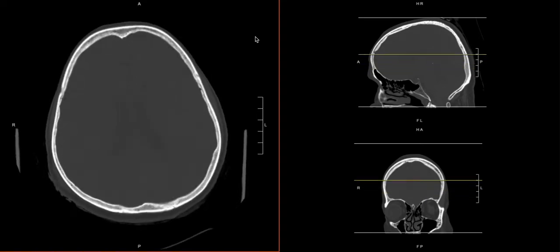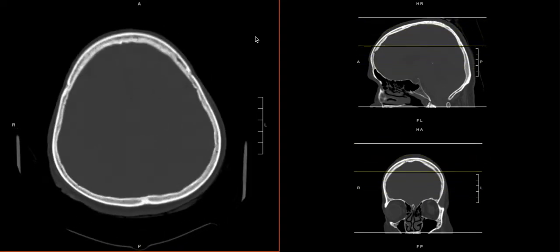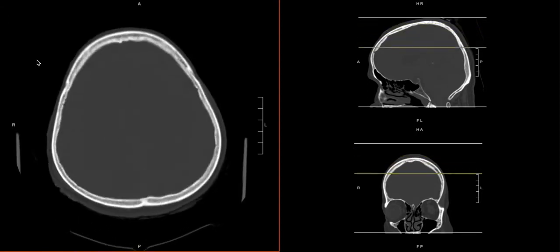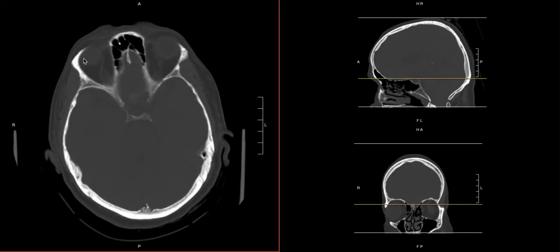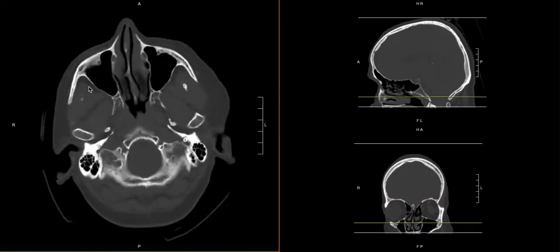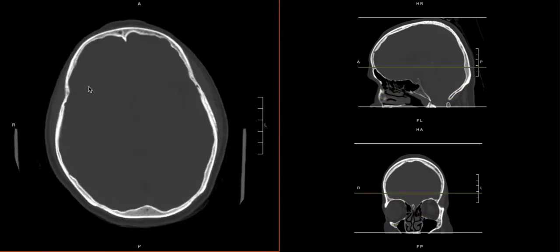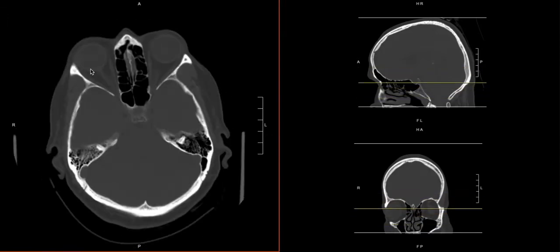And we can come back up here, and now we can start transitioning over to the right lateral side. So again, we start at the vertex, we'll come down, we'll start a little bit more anterior lateral. We can look again at the orbital wall, but also as we come down here, we're looking at the temporal bone.